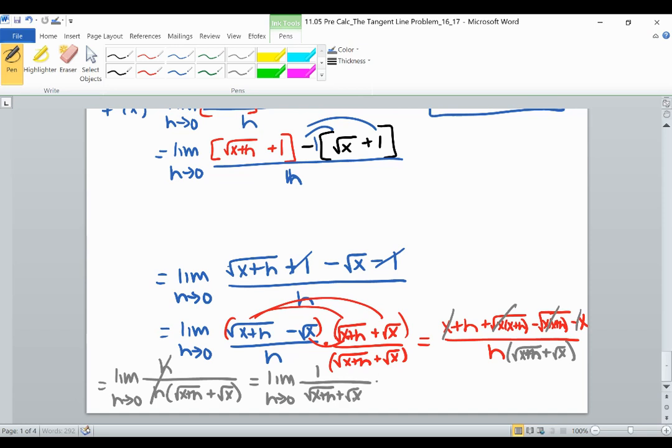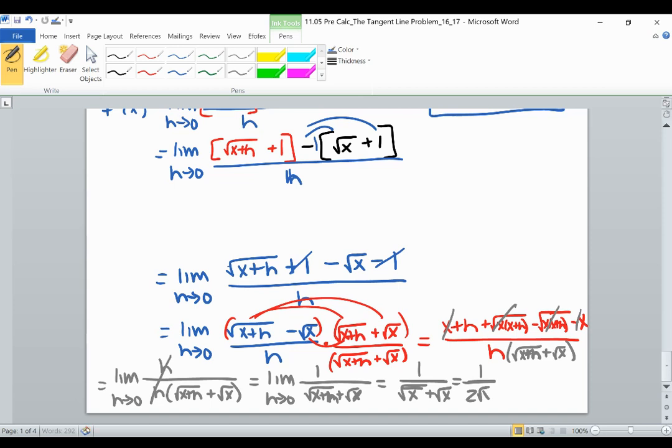Now let's try our direct substitution. So x plus 0 gives us x. Again, you're subbing the 0 in for the h, not the x, because it's as h approaches 0, plus rad x. Ooh, and now I can combine rad x plus rad x to get 2 rad x.